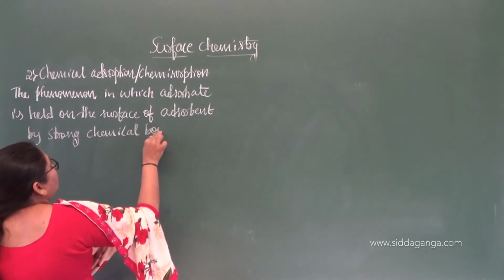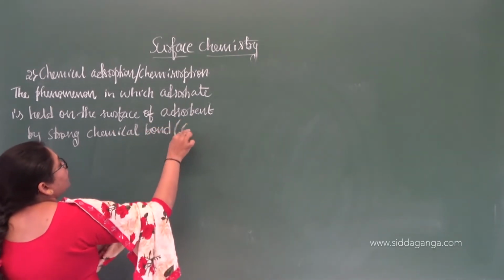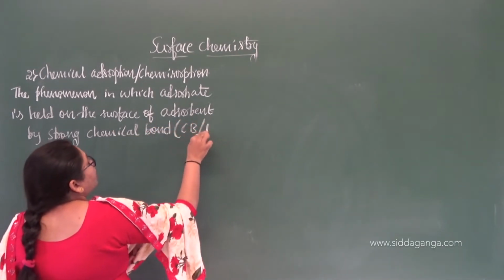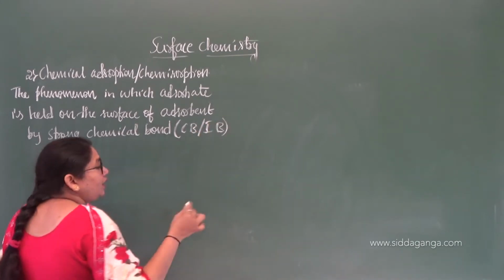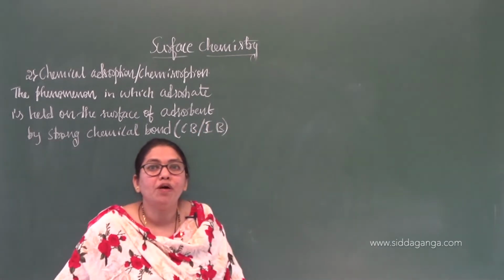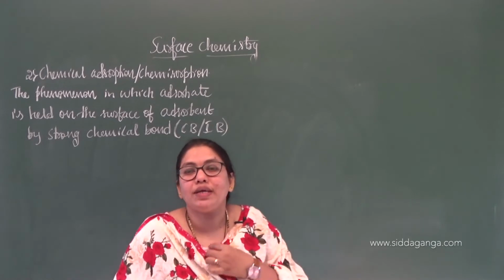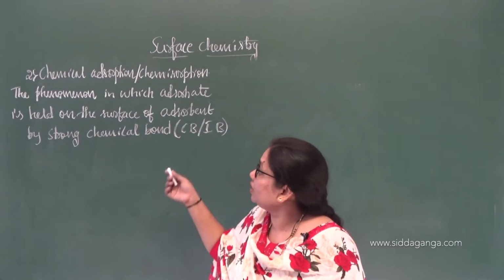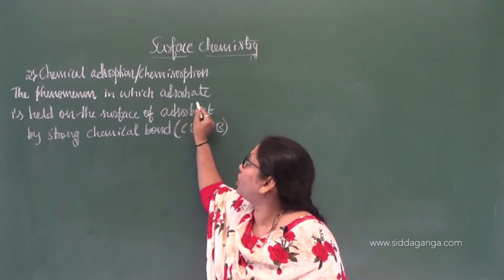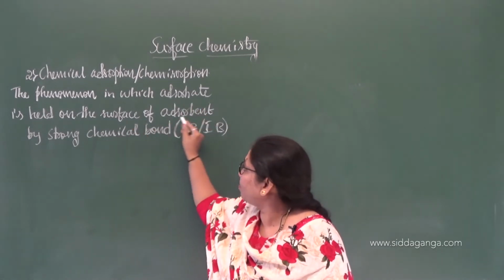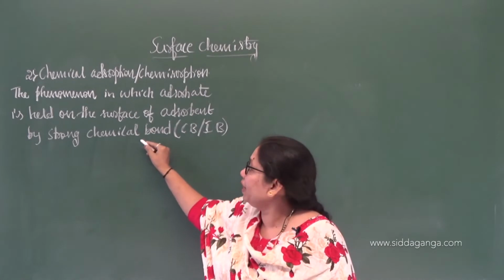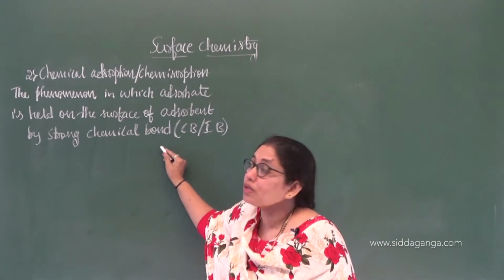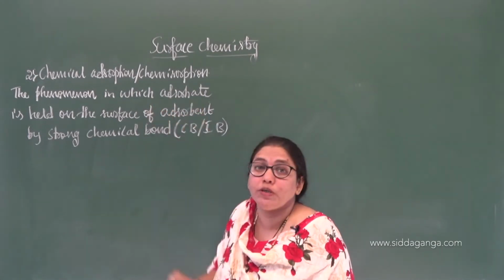Those chemical bonds may be covalent bonds or ionic bonds, depending on the type of the gas, the adsorbent and the adsorbate. So understood the definition? The phenomenon in which adsorbate is held on the surface of adsorbent by strong chemical bonds is called chemisorption.